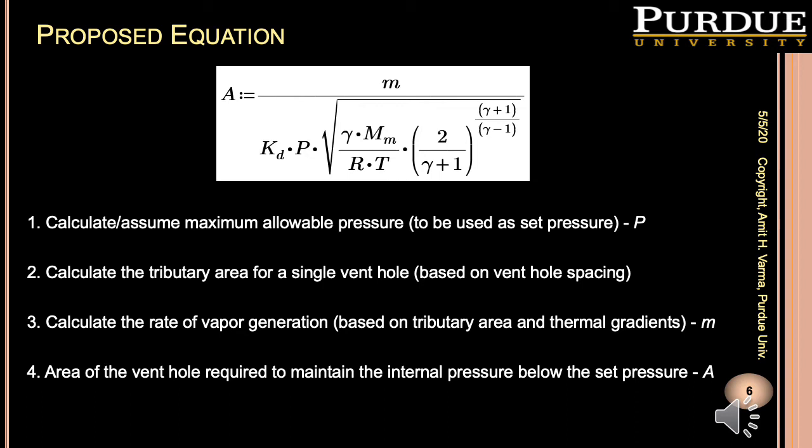So I would basically get the thermal gradients through the cross section, and then as the temperature of concrete through the cross section starts increasing, I can calculate the rate of vapor generation at different times. Once I have all of these parameters, I can use the equation to find out what is the size of vent hole or the diameter that I need to maintain the internal pressure below that set pressure.